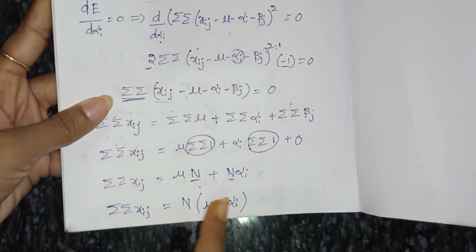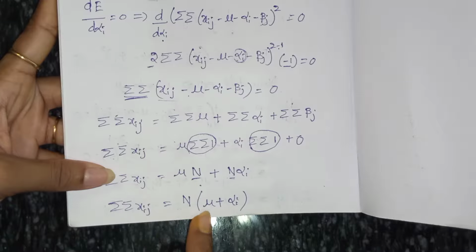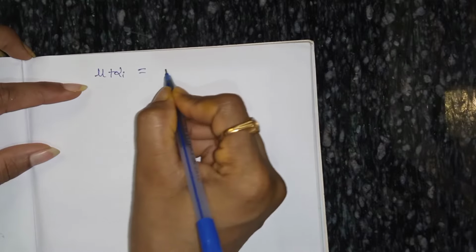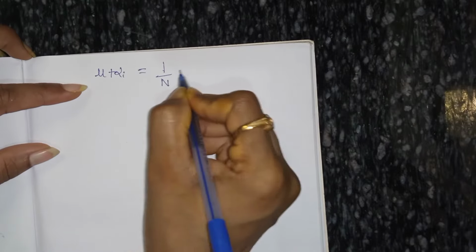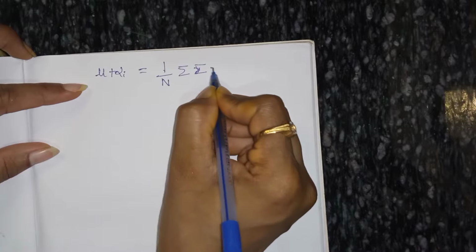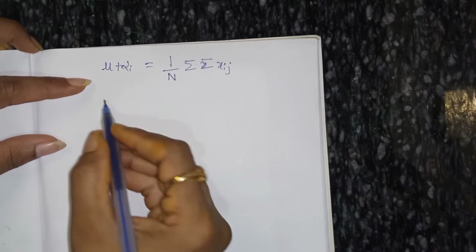The N value we can bring from this side. It is in the form of multiplication, and when it comes here, it becomes division. So mu plus alpha i equals 1 by N double summation xij.